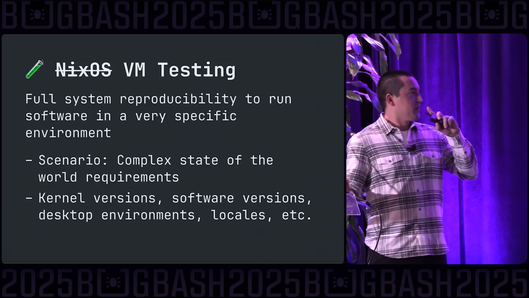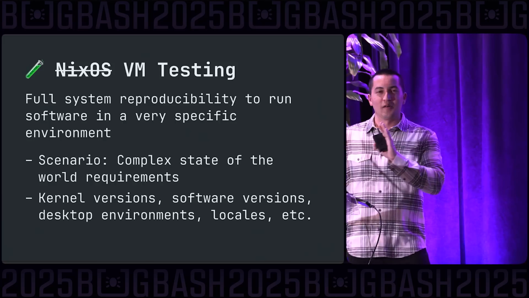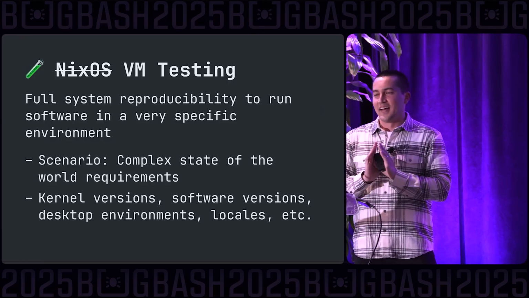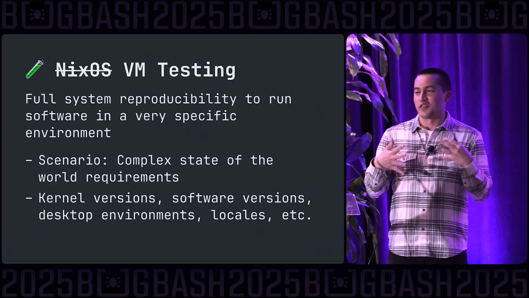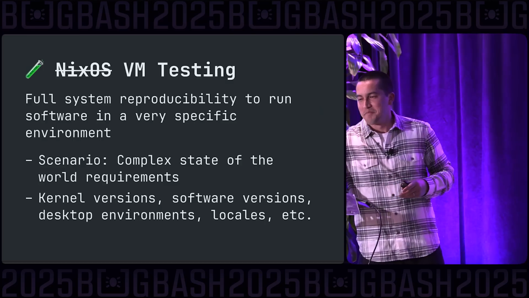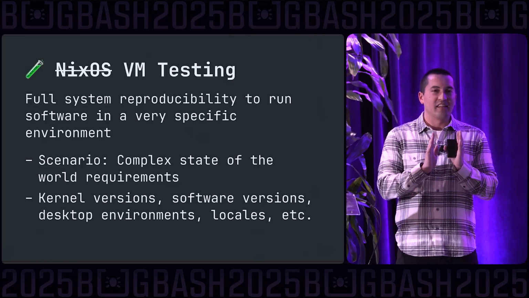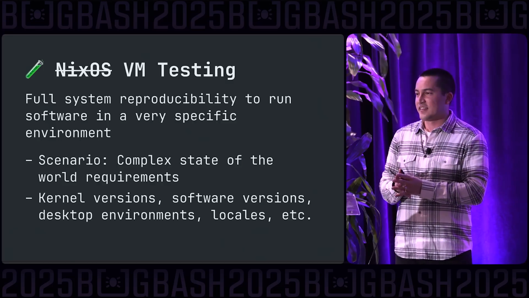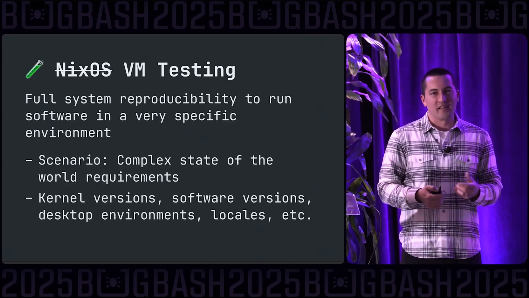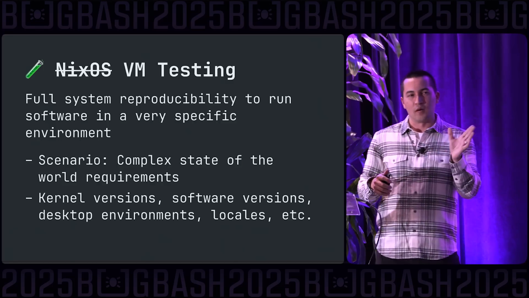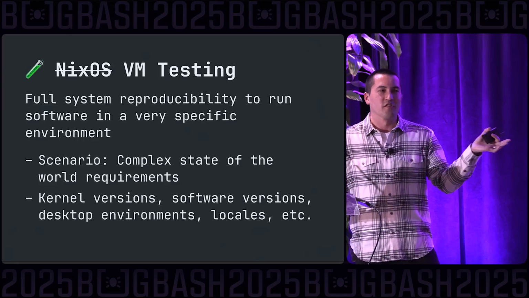OK, so let's first talk about VM testing without the Nix part, OK? So if you're having an emotional reaction, we'll start here. There are some things, like I said, that just require an end-to-end test, and VMs are the best for that. You can maybe get away with containers, but I'll use them interchangeably if you want.